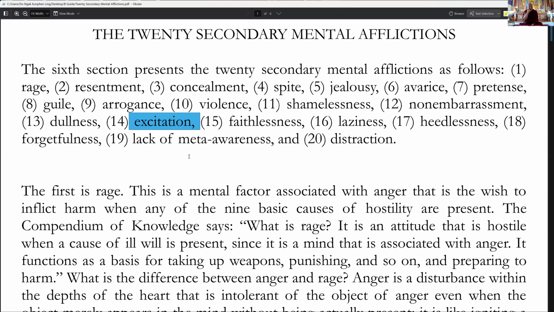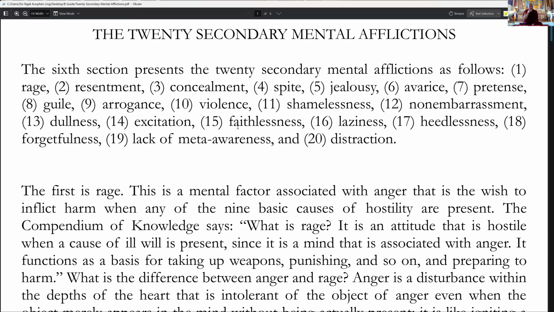Okay, and then see here, concealment. Concealment, again, we'll look at the definition after that. Okay, concealment, and then where is it? Dullness, faithlessness, and laziness arise from ignorance.